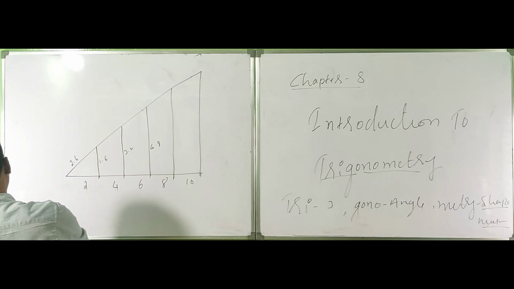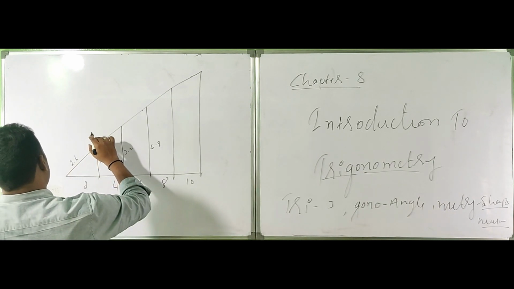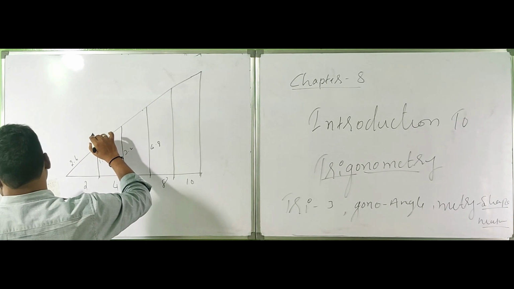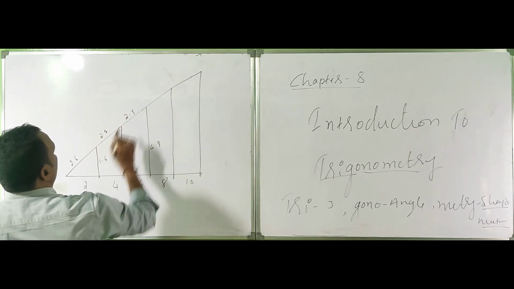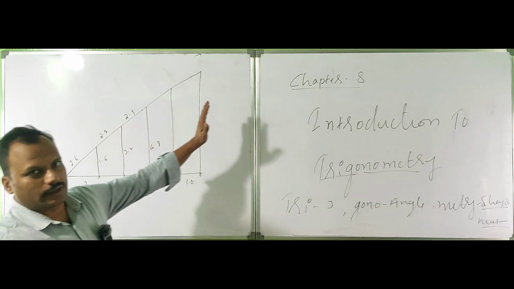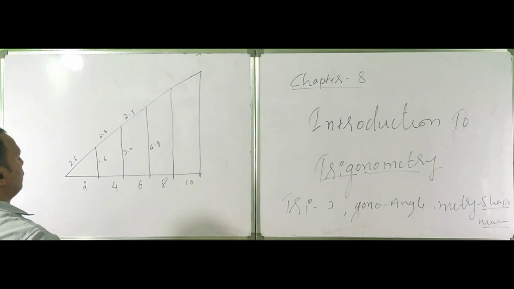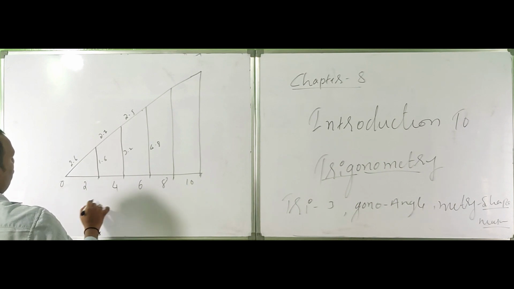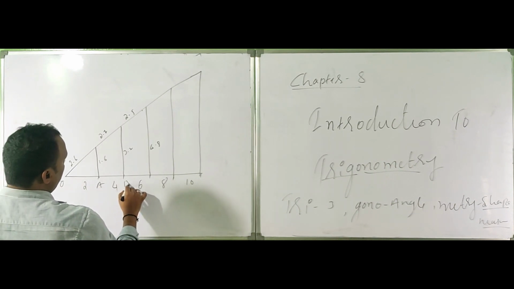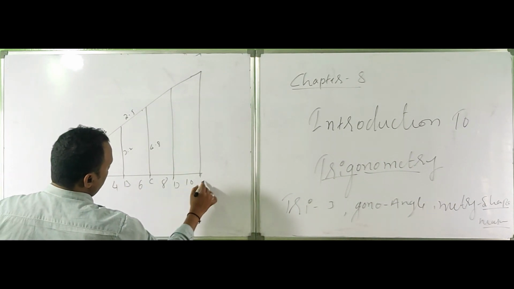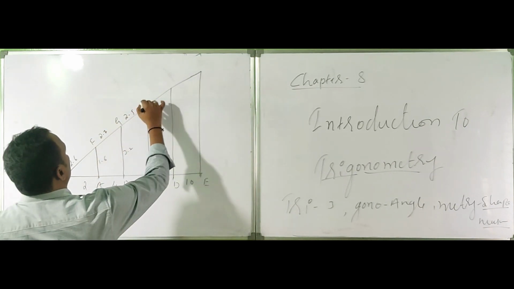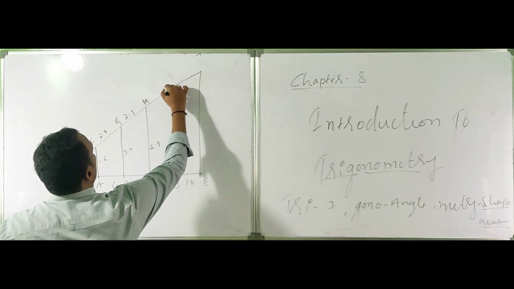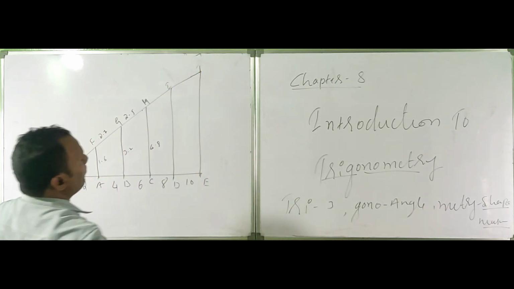All are centimeters, right? 2.7 and 2.5. Here also you can remember, but still I am telling you. This is the point O, point A, B, C, D, E, F, G, H, I, J.